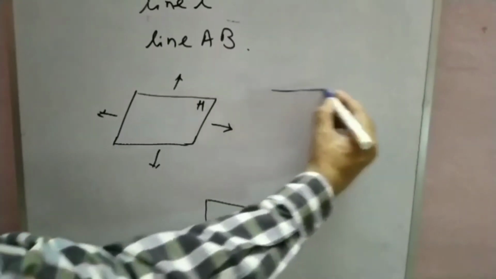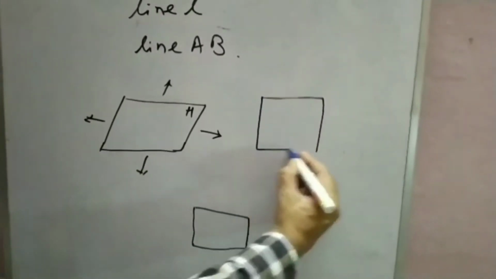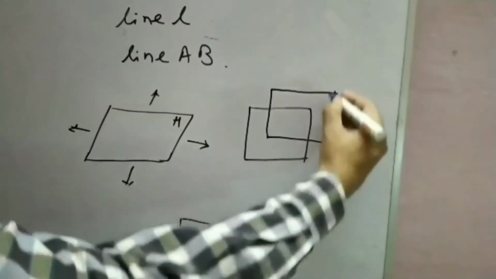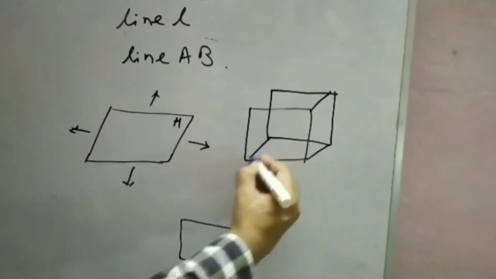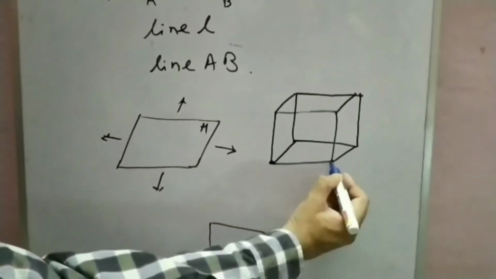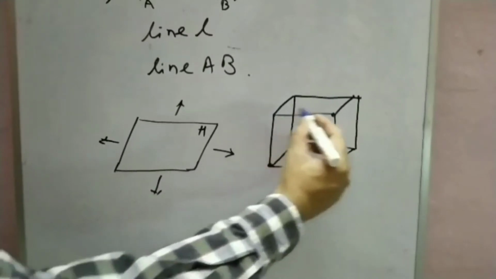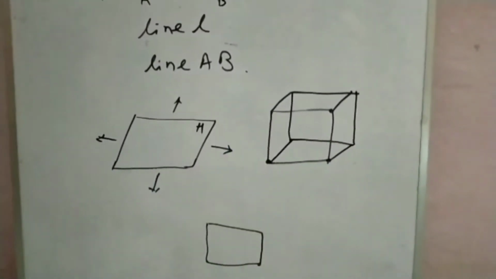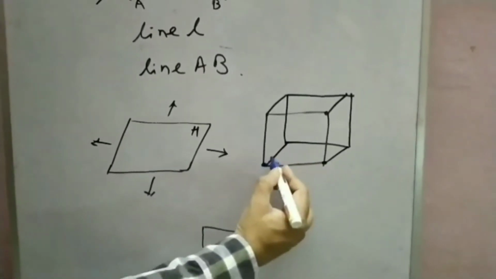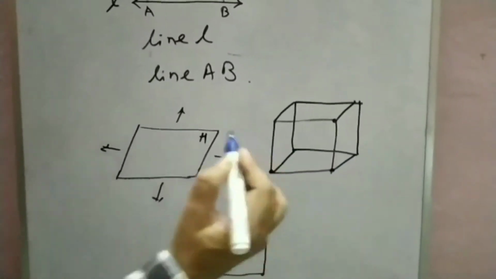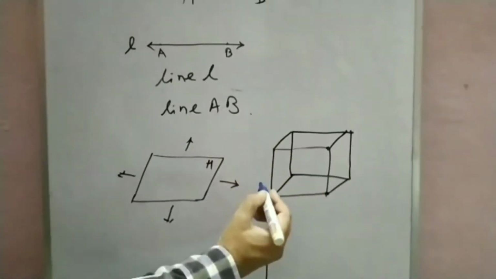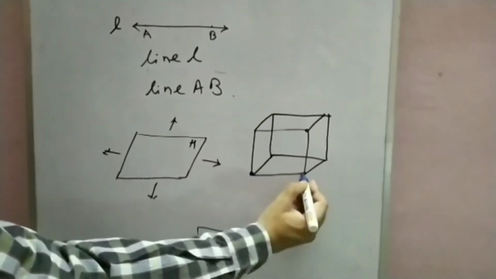Suppose we draw a box. Here I take this point, this and this. Look carefully, this is a plane. I take these 3 points. It indicates a ground plane. In this way, suppose we take this point.